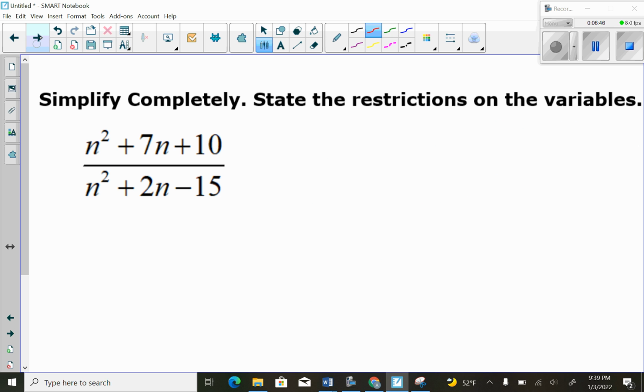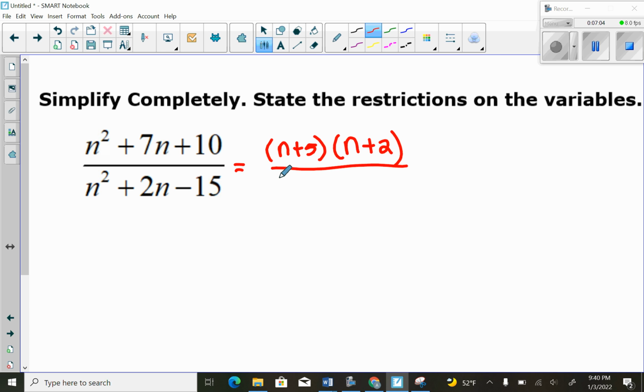Okay, let's look at one more example. So factor n plus 5 and n plus 2. This is our simple ABC.